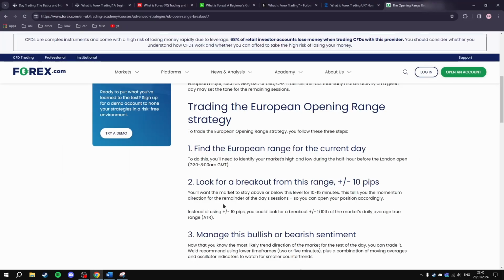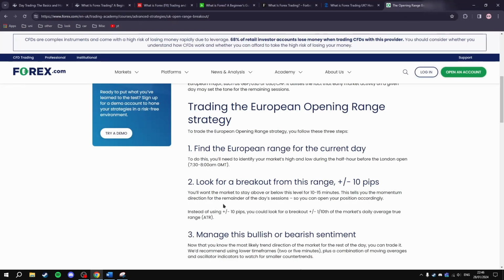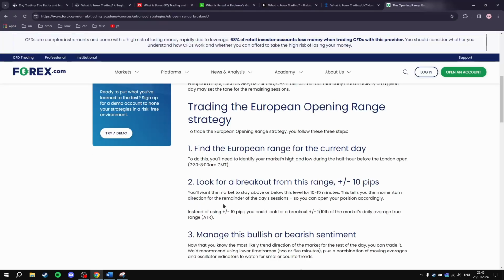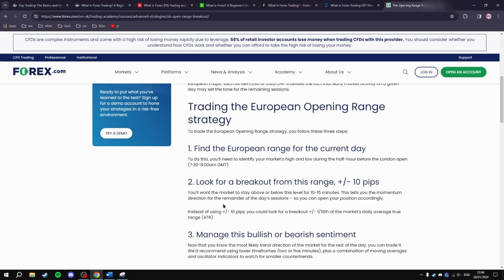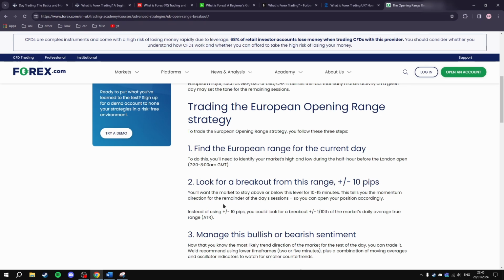To do this, you'll need to identify a market's high and low during the half hour before the London Open, which is 7:30 to 8 AM GMT.